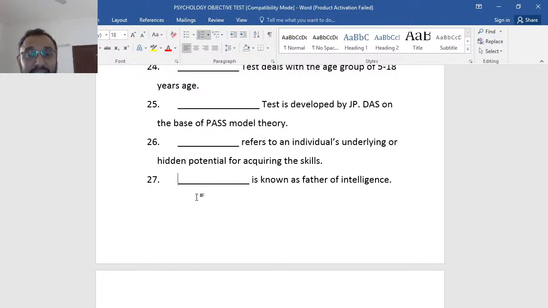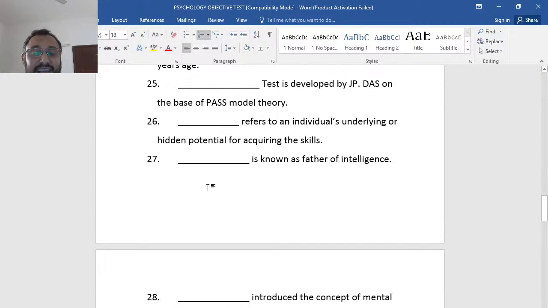And Binet in the year 1905 constructed the first intelligence test. And in the year 1908, Binet revised his intelligence scale and he proposed a new concept in the field of psychology that is called mental age. And in the year 1911, actually, Binet passed away.